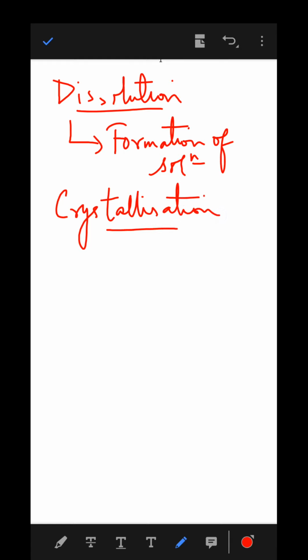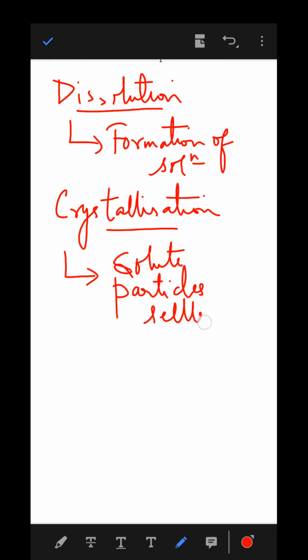That is, crystallization is where the solute particles settle down. All right, so let's discuss the process of dissolution.